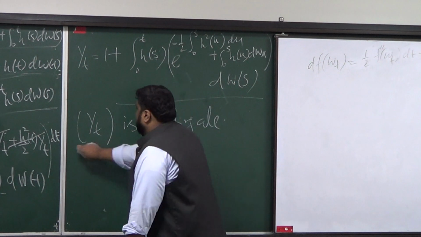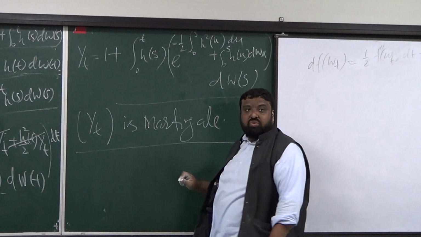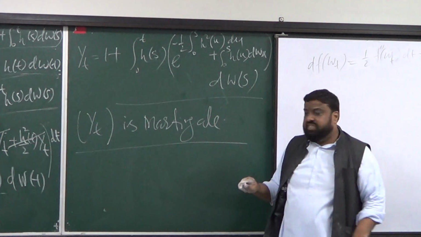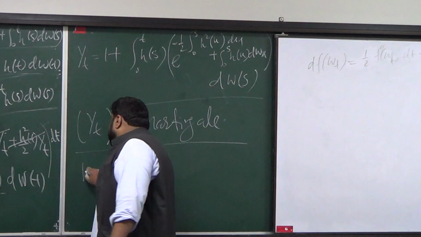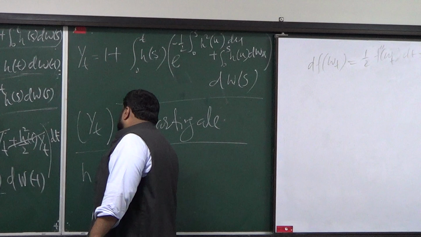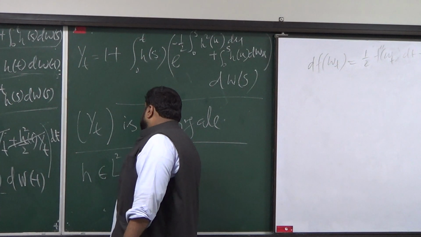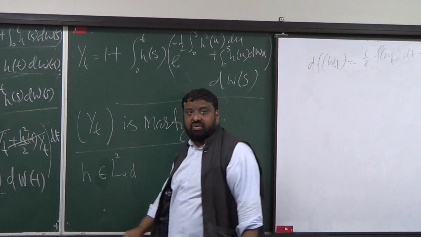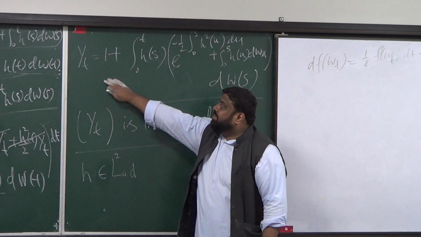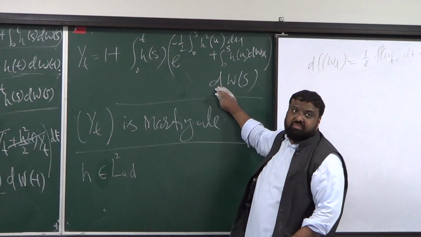Okay. So this yt is a martingale. What we are going to say, in fact, is that, and I'm not going to prove it, if you take h from L2 AD, you can prove a similar kind of an expression for yt.